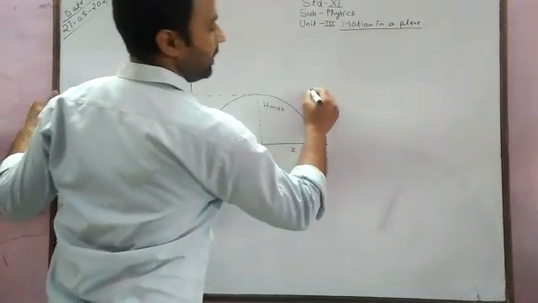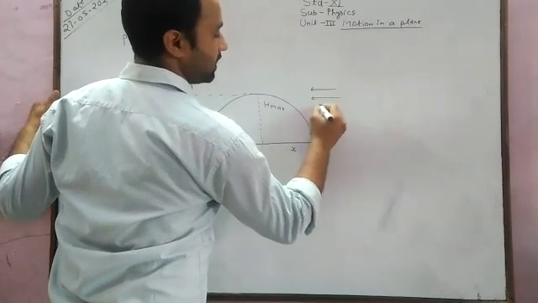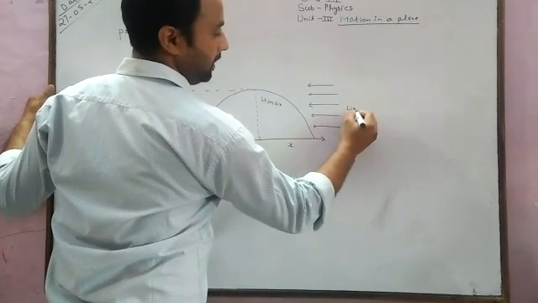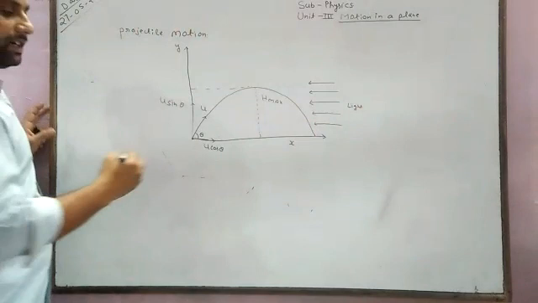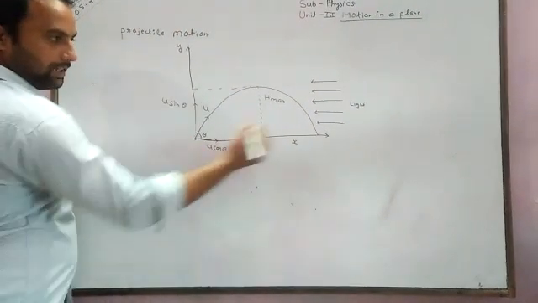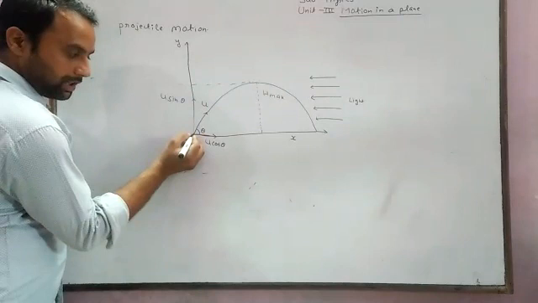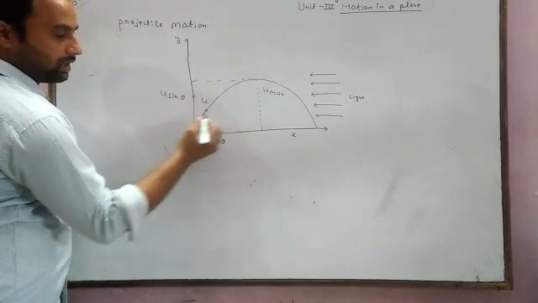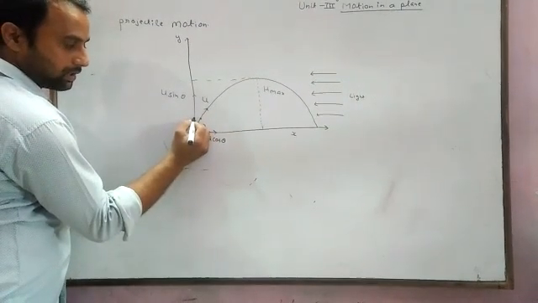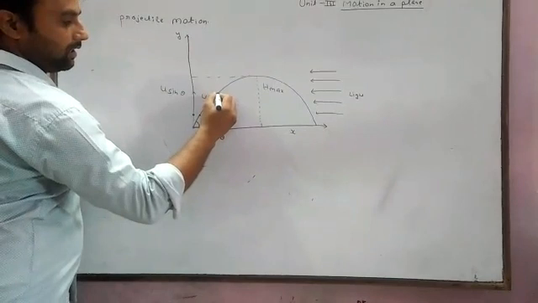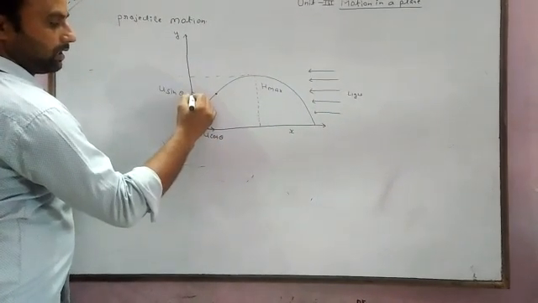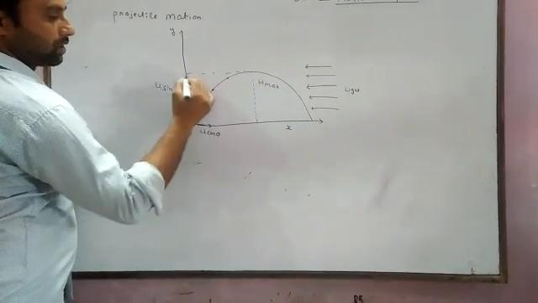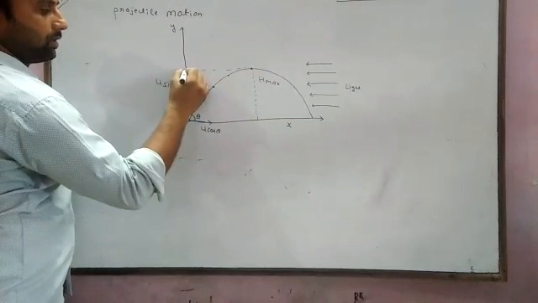Here we insert a light beam. If the light is projected here, the projection of the particle's position on the y-axis moves like this, and as the particle moves, its projection moves up to the maximum height.